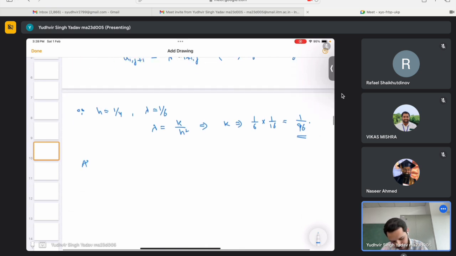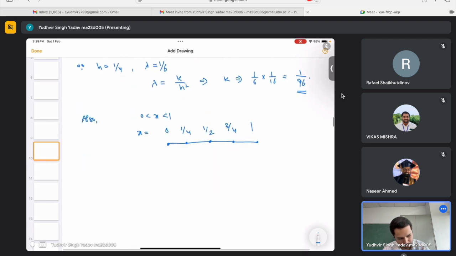And also we have x from 0 to 1. So we will have the step sizes as 0, 1 by 4, 1 by 2, 3 by 4, and 1. And for time, we will be having 1 by 96 and 2 by 96 and so on.